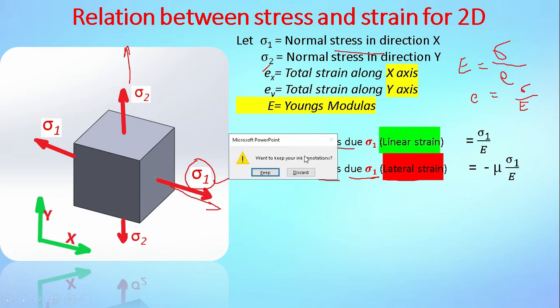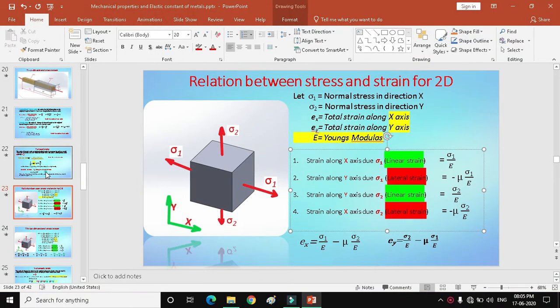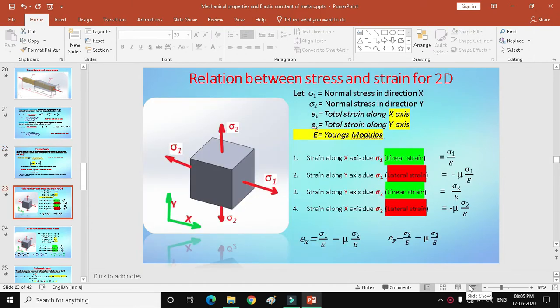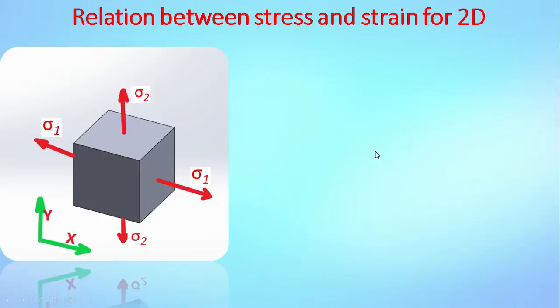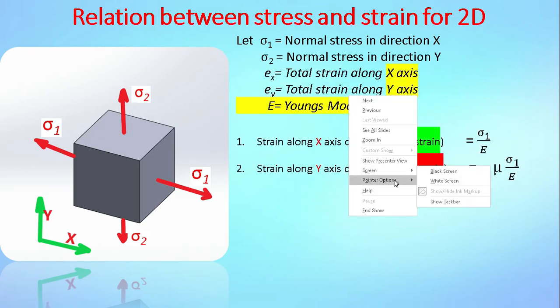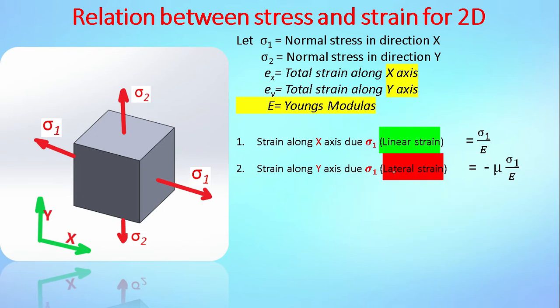In previous slide we have seen lateral strain is equal to minus mu multiplied by linear strain. So same applies here. Lateral strain is equal to minus mu multiplied by linear strain. This linear strain is sigma 1 divided by E. Now this force is over.